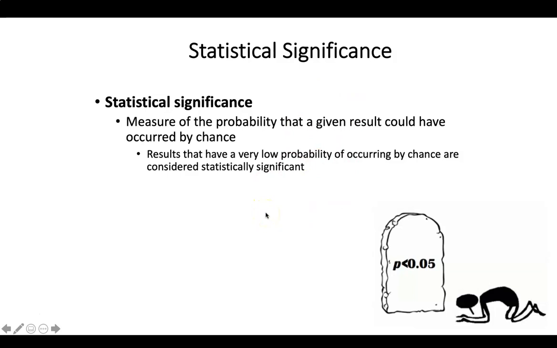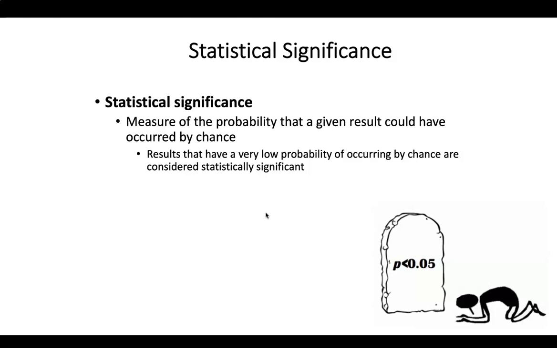Statistical significance, I talked about that a little bit. The main thing here is that this is a measure of the probability that this result would have happened by chance. So there's a very low probability of chance in the finding that those who have a higher level of education will have a higher income throughout life.